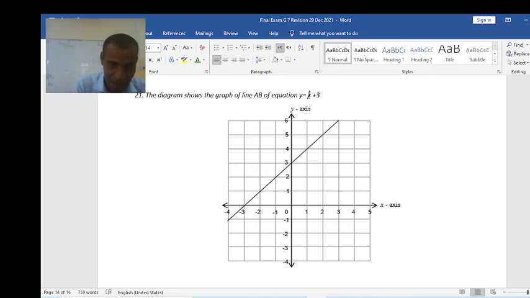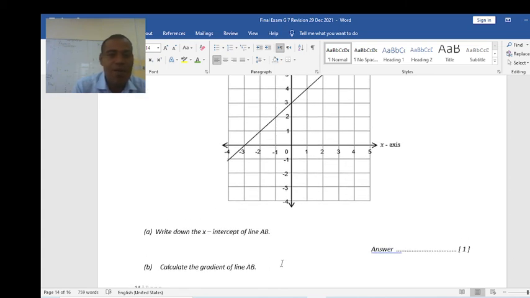So this is in fact the gradient. Or you can use 3 divided by 3 is 1. Now write down the x-intercept of the line AB. The x-intercept is minus 3. Okay, this is the answer.